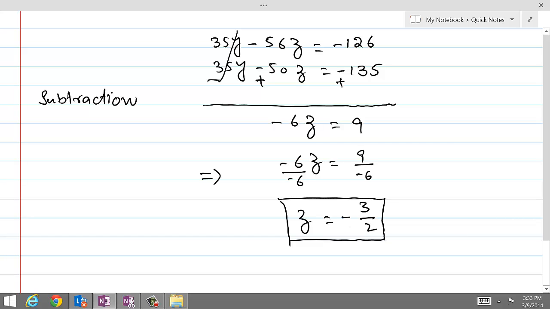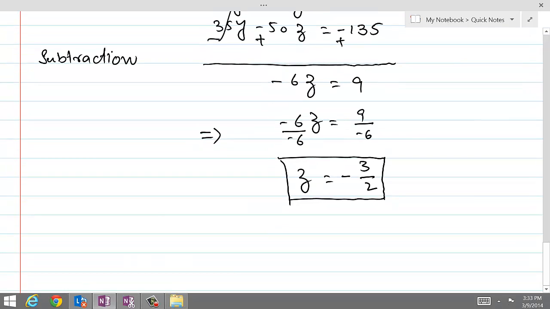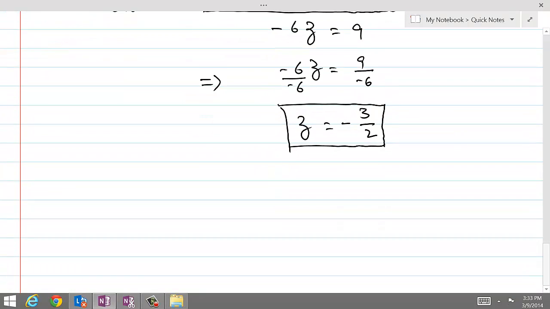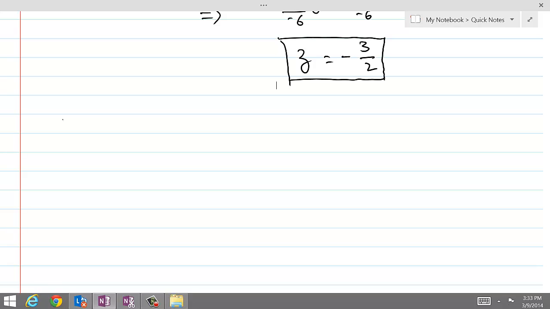We have got the value for one variable, and now what we will be doing again is writing the equations A and B, and this time we will eliminate z.